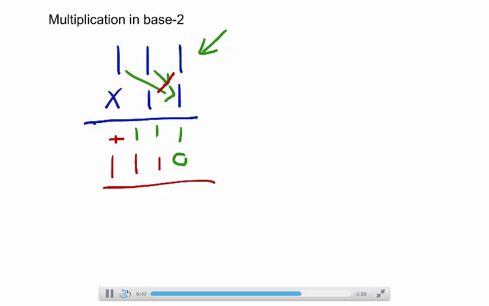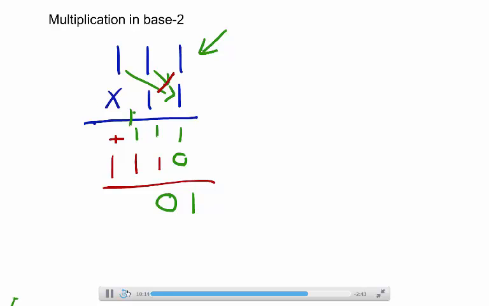Next, we'll sum our two rows. So we have 1 plus 0, which is 1. Now 1 plus 1, which is 2. That means that we have to carry a group of 2, and we have a remainder of 0. Now we have 1 plus 1 plus 1.